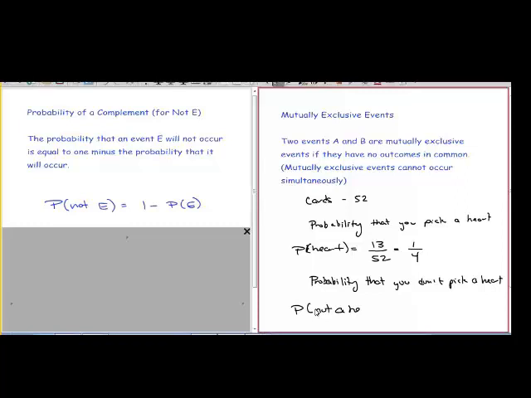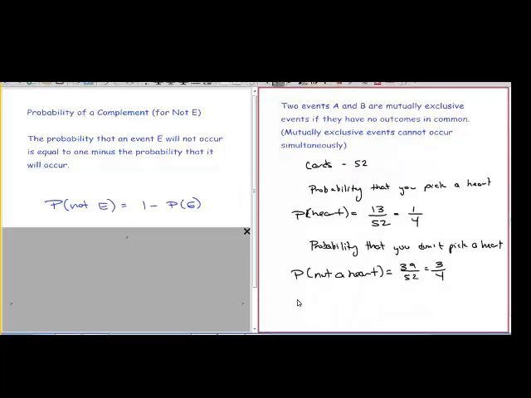The probability of not picking a heart, there are two ways you could think about that. One way would be to say, well, all the other cards, which are diamonds, spades, clubs, there's 13 of those per suit, and then you times 3, you get 39 over 52, which simplifies down to 3/4.